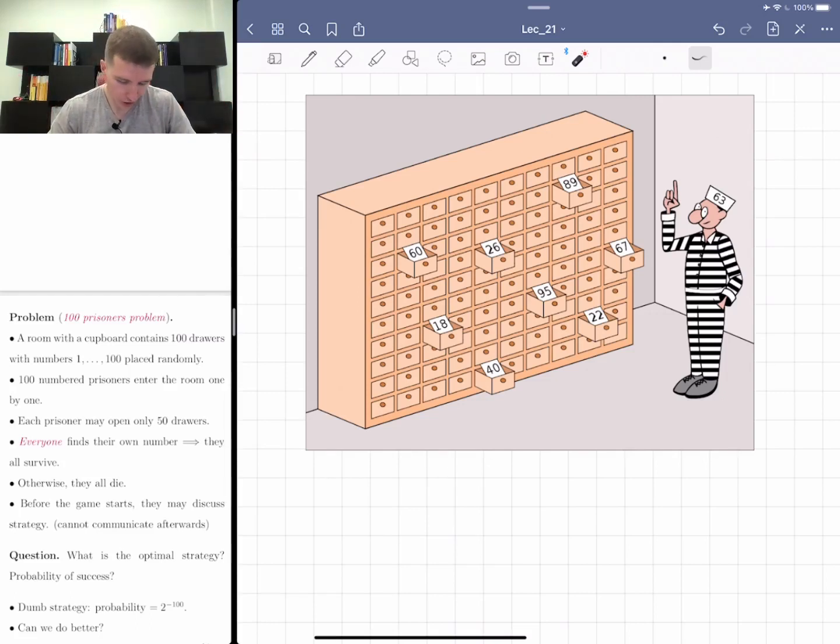So the question was, what is the optimal strategy? What is the optimal probability? And I gave an example of a strategy, which was to choose just random 50 drawers, and I explained that the actual probability of that dumb strategy was pretty slim, right? Not very satisfactory if you want to survive.